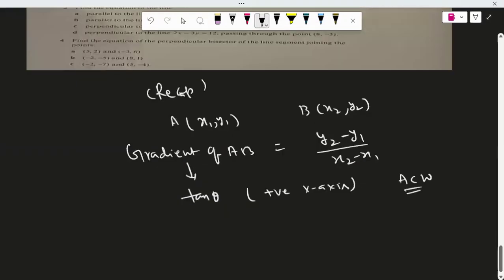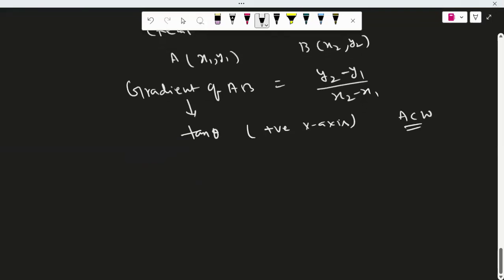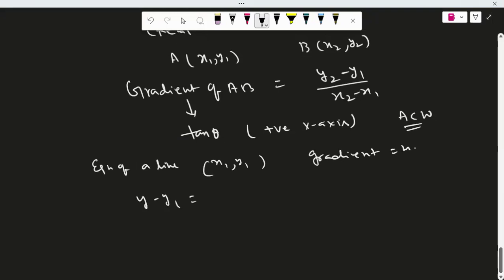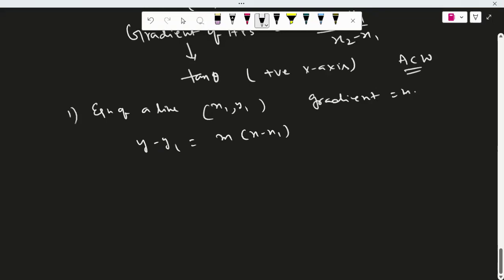And the equation of a line, if a point is given, suppose x1, y1, and the gradient is given as m, then the equation of the line becomes y minus y1 equals m times x minus x1.